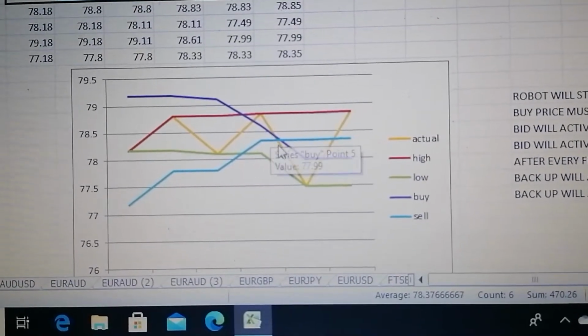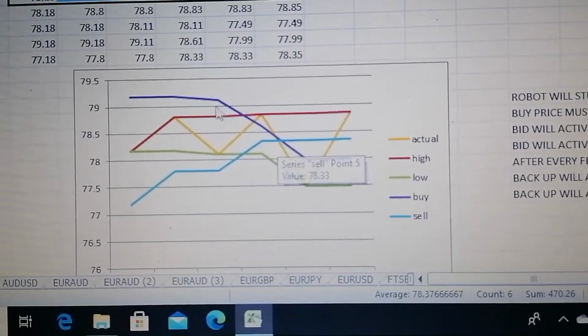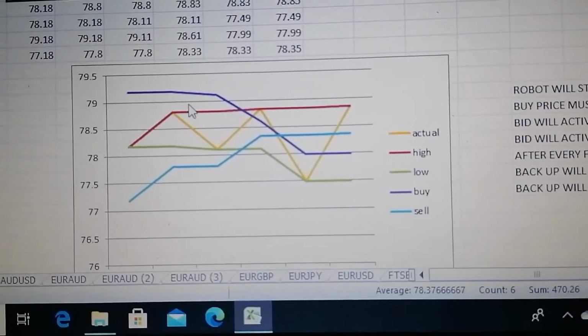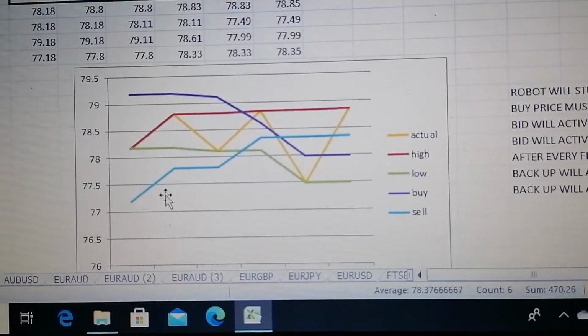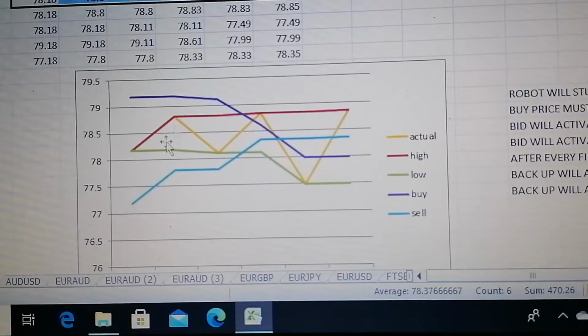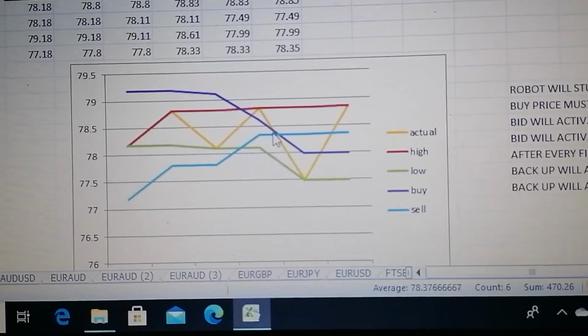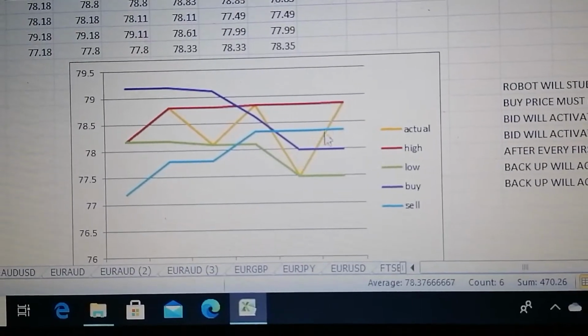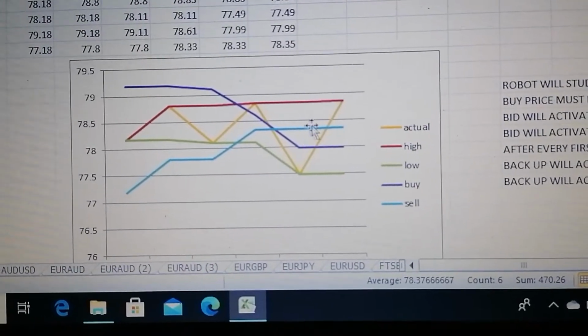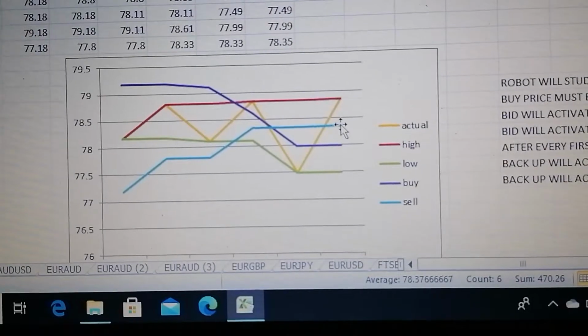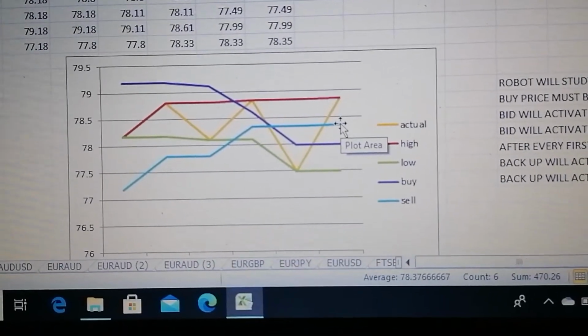So as long as they have not crossed each other, that is the buy is still higher than the sell, then the buy will be a sell and the sell will be a buy. So that is the variable before the crossover point. But once it passes the crossover point, the buy becomes the actual buy and the blue line becomes the selling point. So that is the variable.